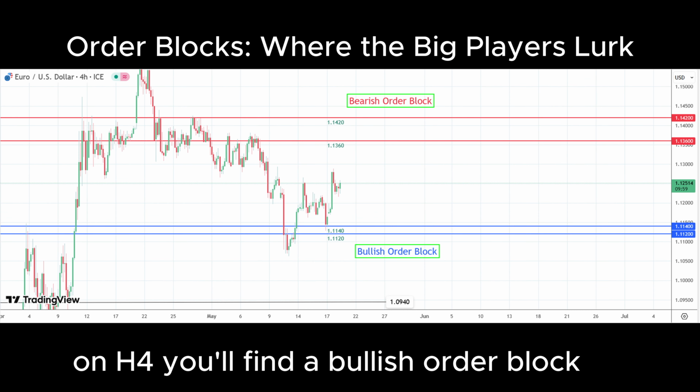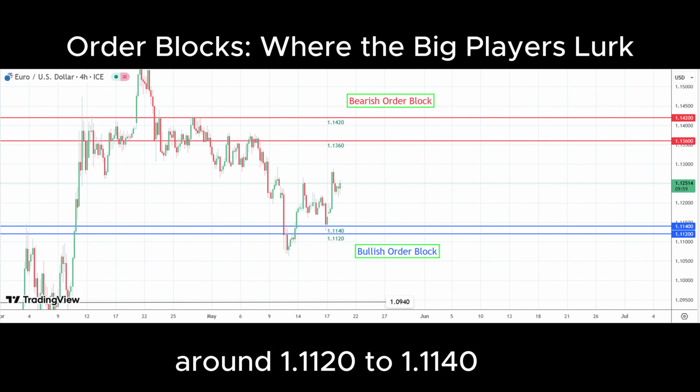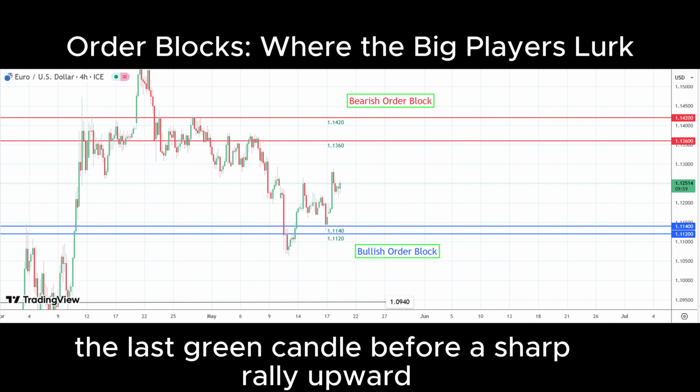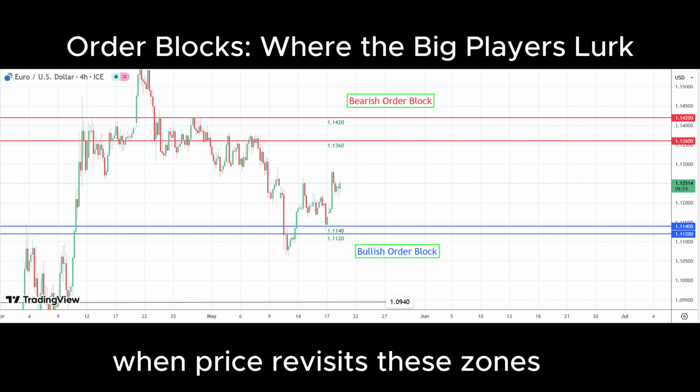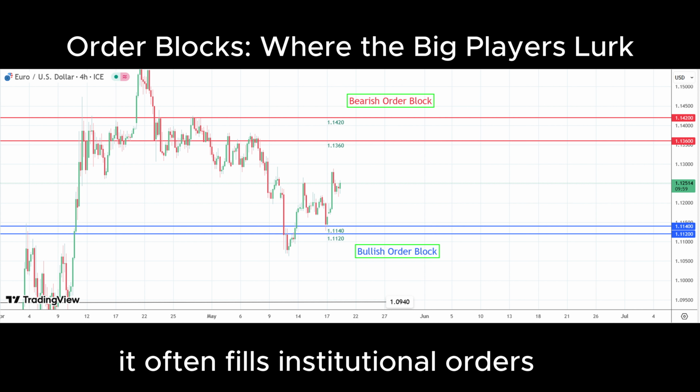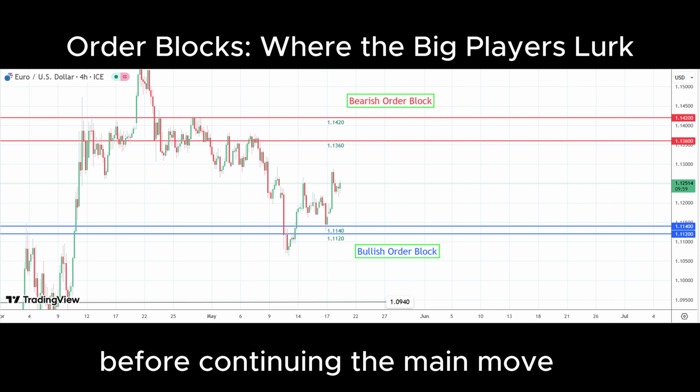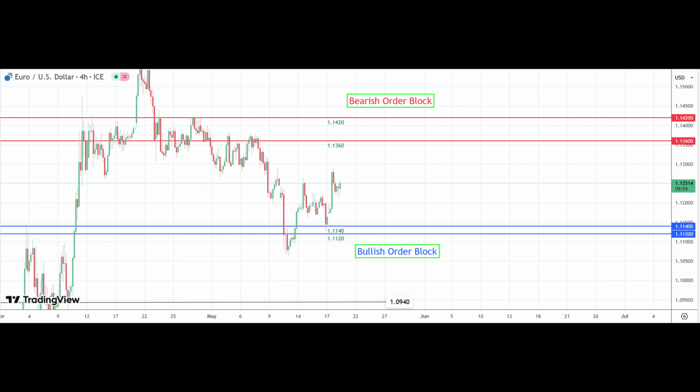On H4, you'll find a bullish order block around 1.1120 to 1.1140, the last green candle before a sharp rally upward. When price revisits these zones, it often fills institutional orders before continuing the main move.